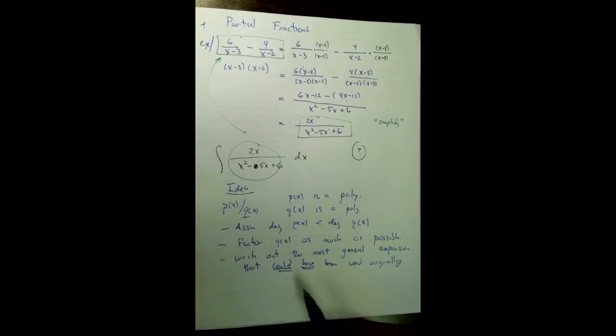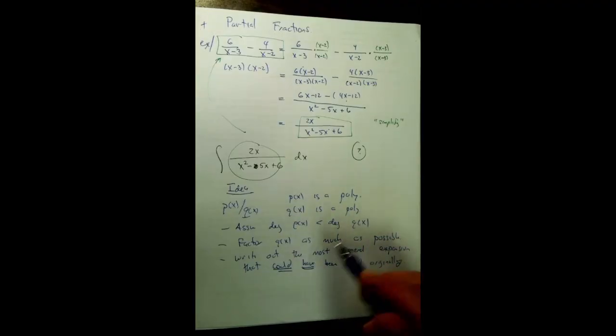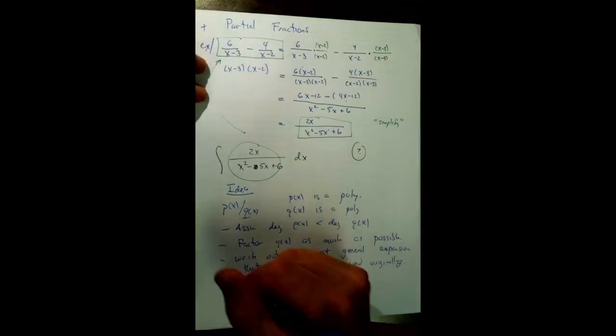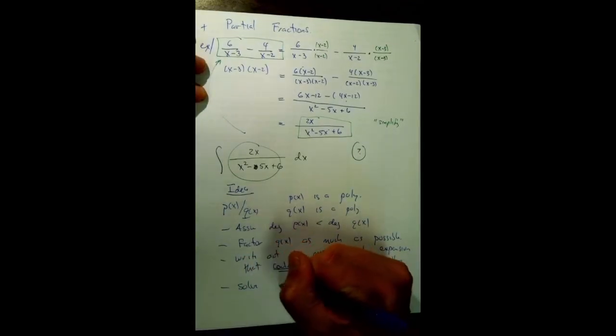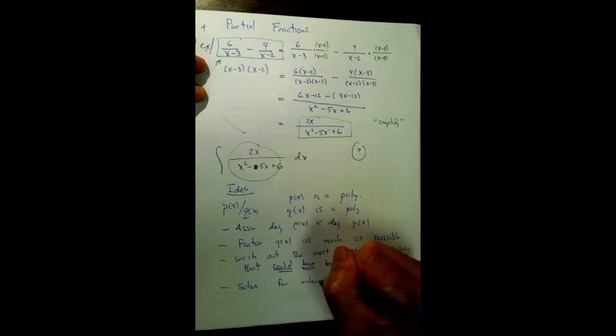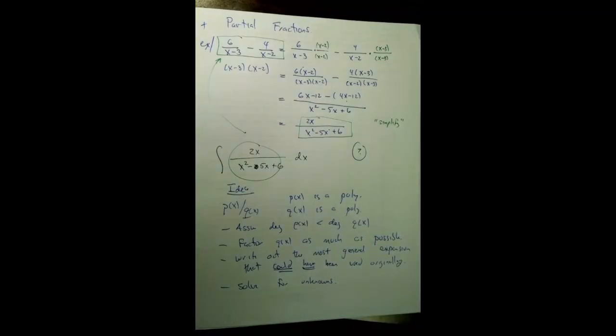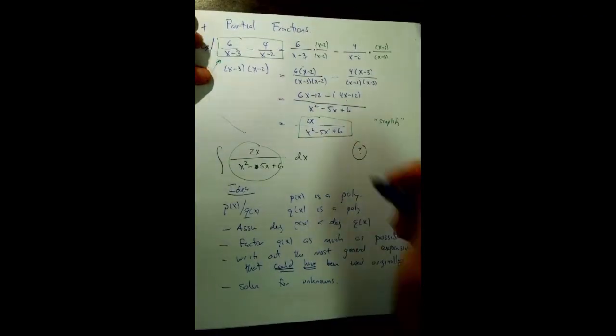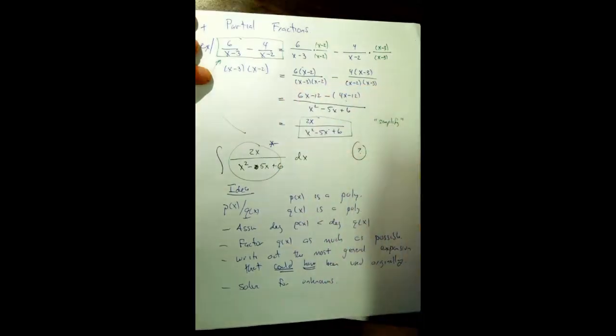Because you don't know what it came from, you have to just imagine it's the worst possible thing, write it out in that form, and then see what it means. Once you do that, you just solve for some unknowns. So let's start with this and see how we go through and do that.